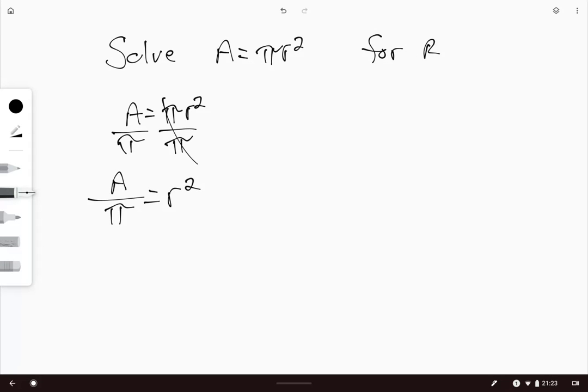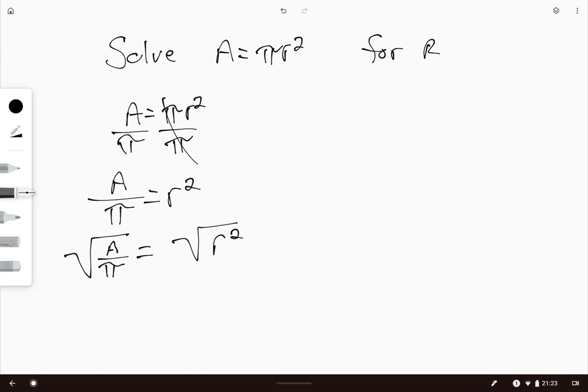But we need to solve for r. So the inverse operation, or the opposite of an exponent, is to take the square root. So I would have the square root of area divided by pi equals the square root of r squared.